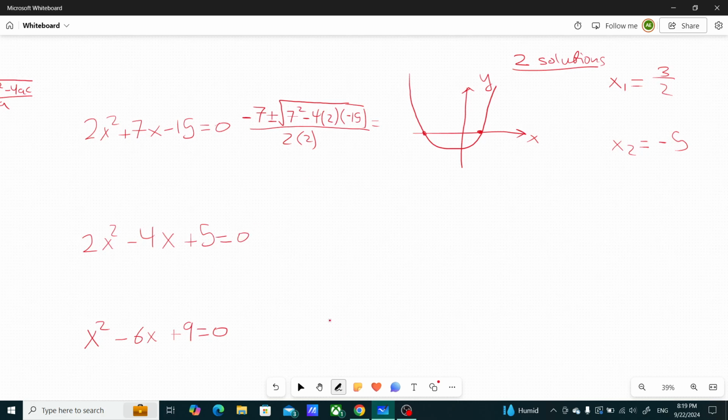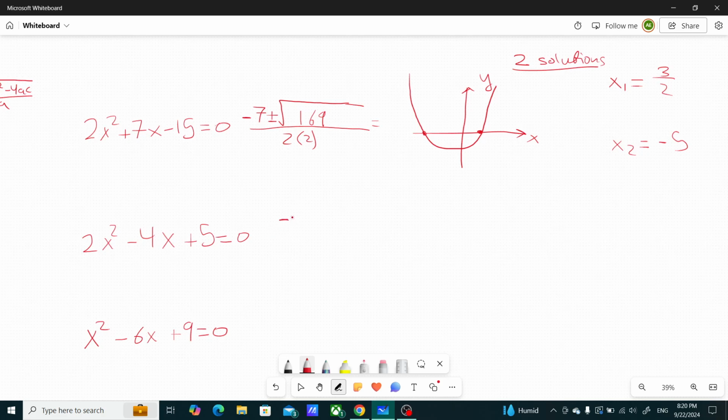Let's rewrite this. We said that this part was the square root of 169. Let's do the same for the second equation.